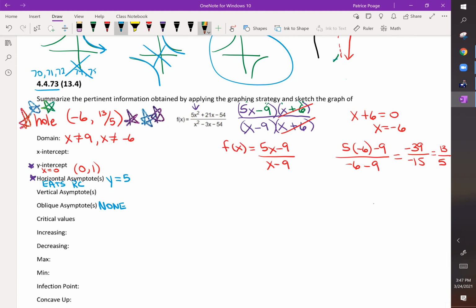All right. Whatever's left in the numerator, if we set that equal to 0, we get our x-intercept. So I'm going to add 9 to the other side, divide both sides by 5, and I get x equals 9/5.